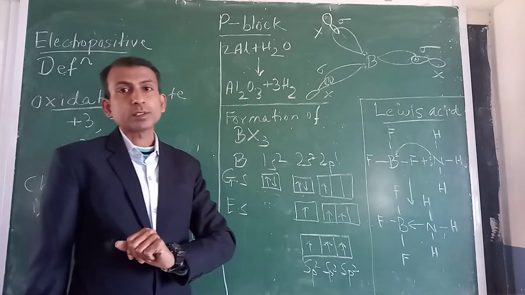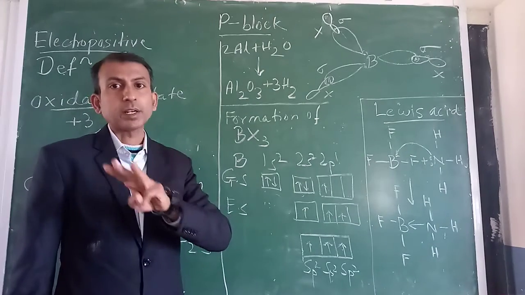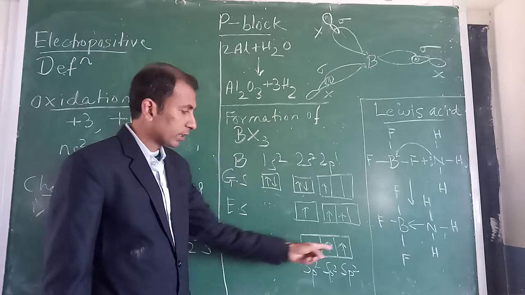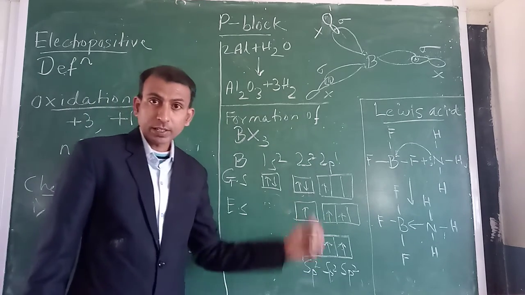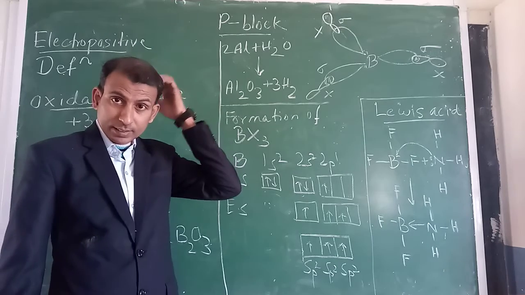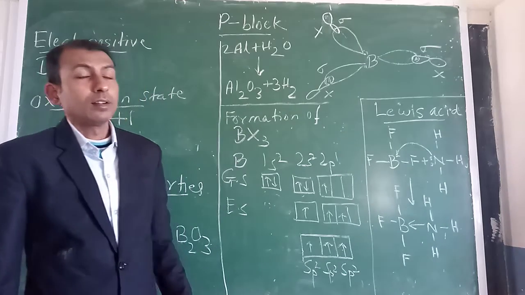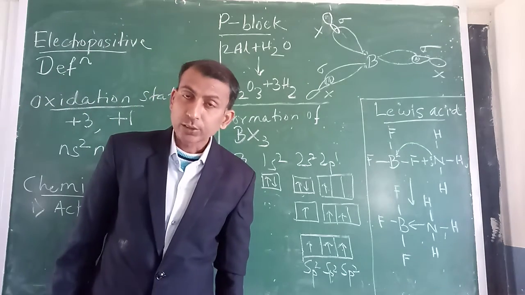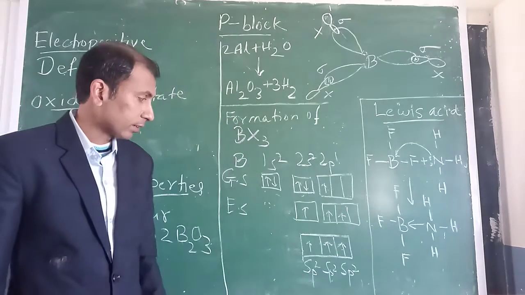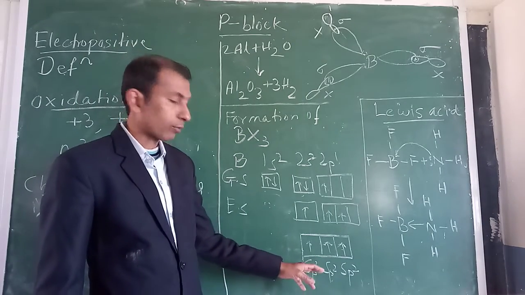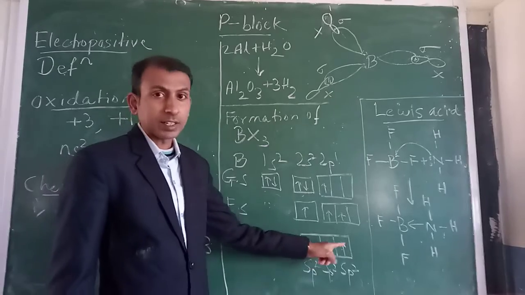So now boron is containing 3 unpaired electrons, and the orbitals containing these 3 unpaired electrons will hybridize. The hybridization is called sp2 hybridization, and 3 hybrid orbitals are formed which are containing single electron.